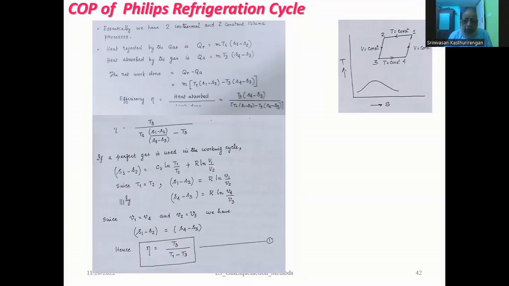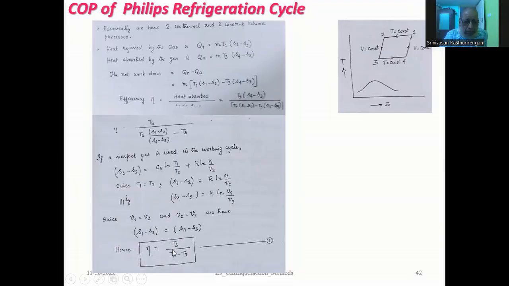Since they are constant volume processes, V1 by V2 should be equal to V4 by V3. Because of this, S1 minus S2 is the same as S4 minus S3, since R ln V1 by V2 is nothing but R ln V4 by V3. So if you substitute, the ratio (S1 minus S2) divided by (S4 minus S3) is equal to 1.